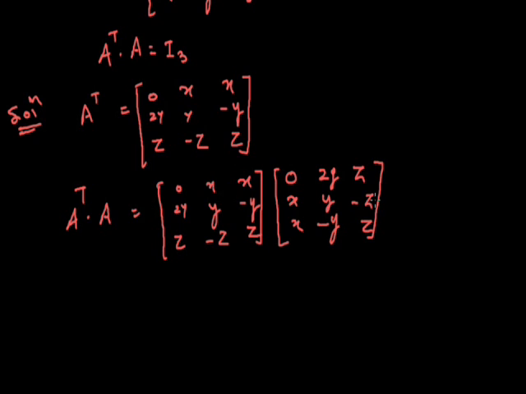It is given equal to the identity matrix. So first of all, multiply A transpose into A.